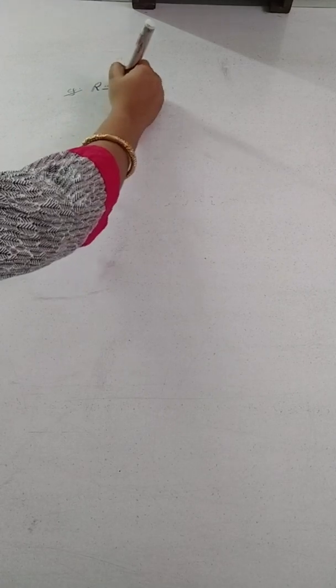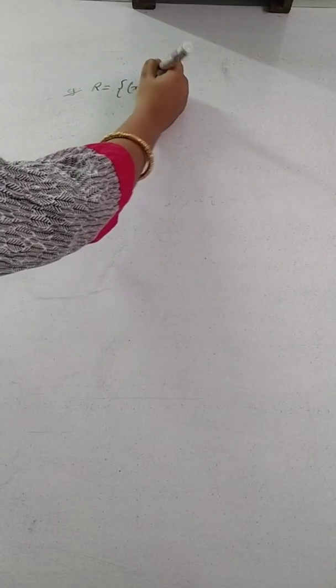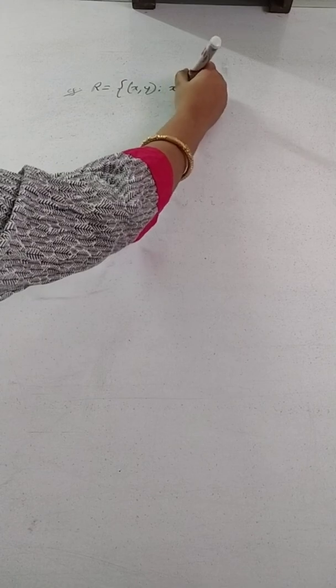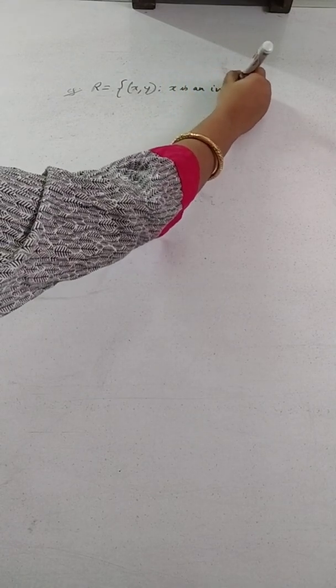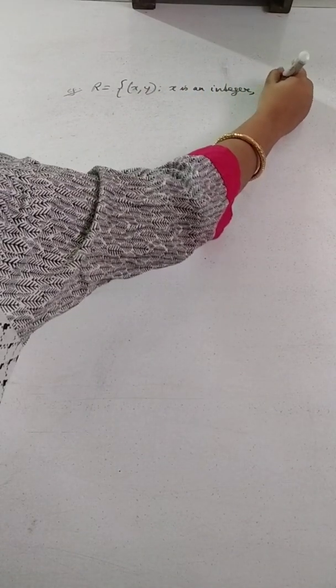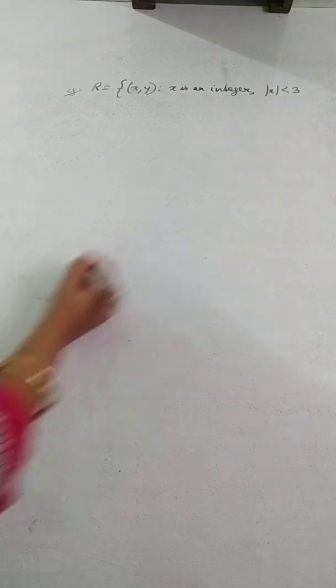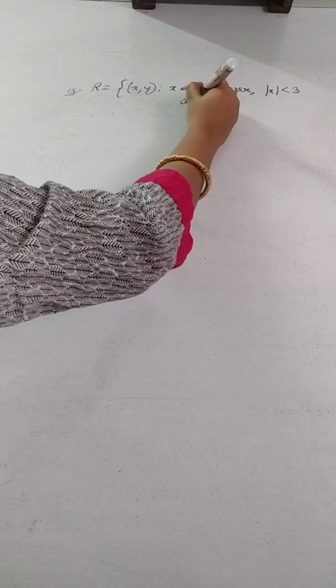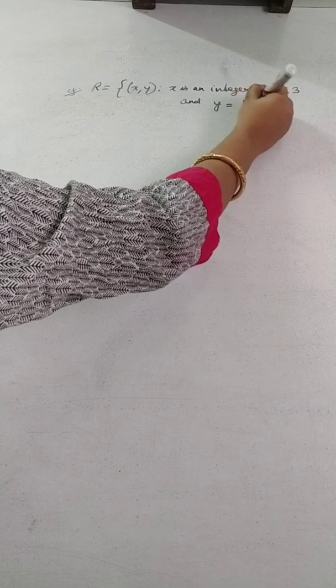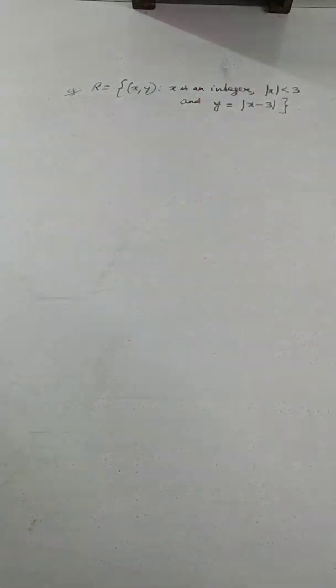The next example: R is the relation {(x, y) : x is an integer, |x| < 3, and y = |x - 3|}. So R is (x, y) such that x is an integer where mod x is less than 3 and y is mod of x minus 3.